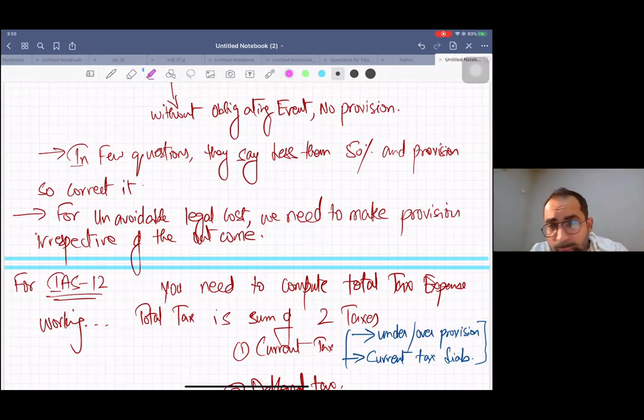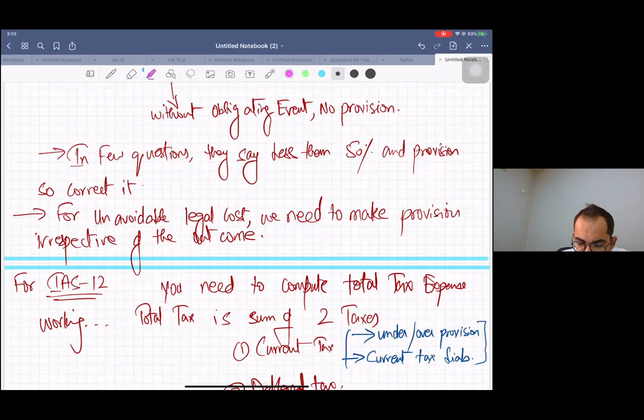So it's wrong. You cannot book it. The criteria is 50% plus chances, meaning probable chances. So you cannot book a provision in such a case. You need to reverse it if the examiner has booked.